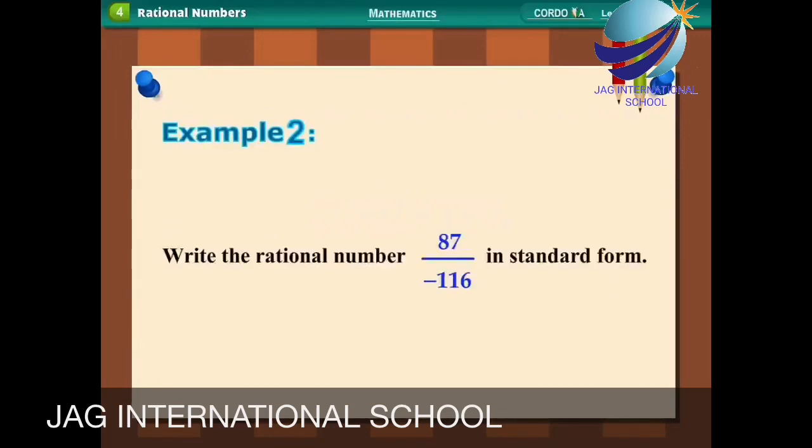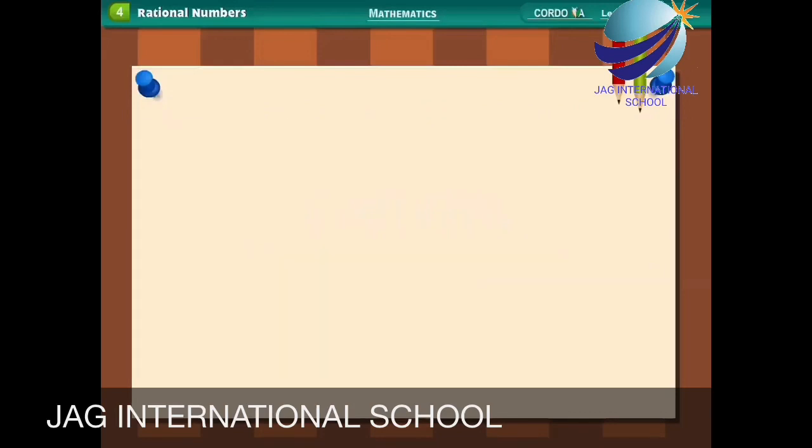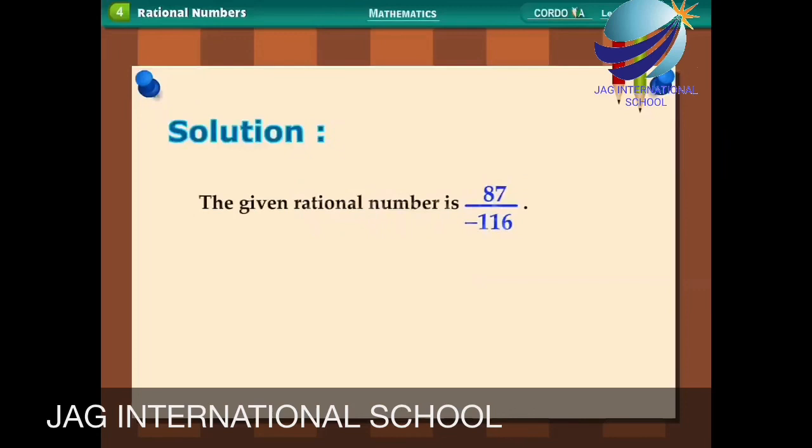Example 2. Write the rational number 87 upon -116 in standard form. Solution. The given rational number is 87 upon -116.